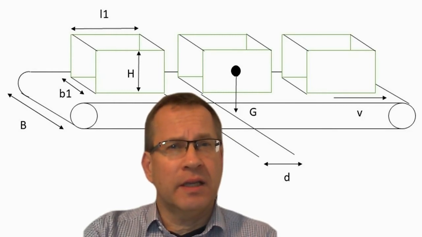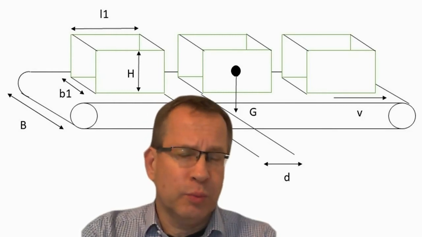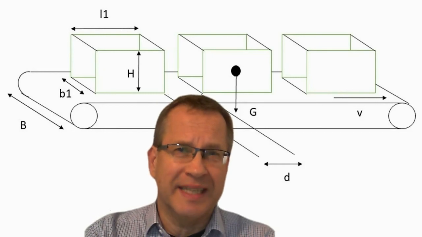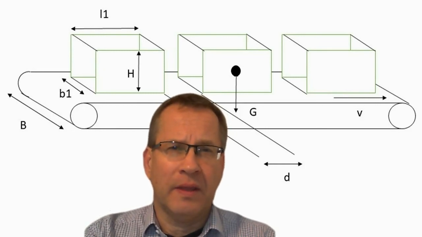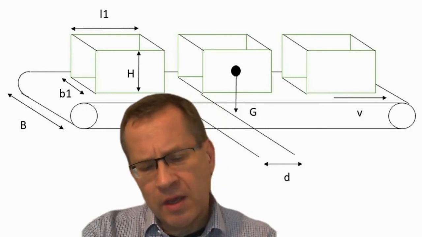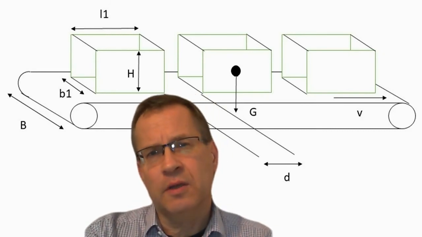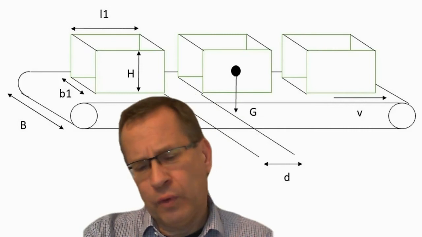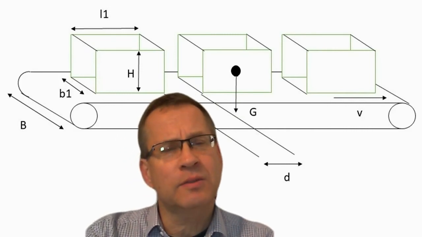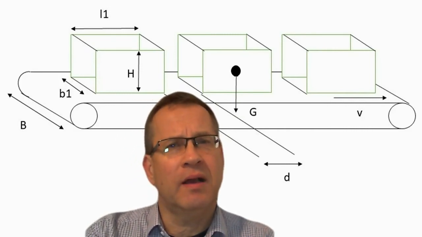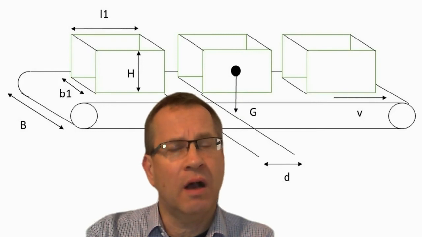And between two products, we have a distance D, and this is very important. Normally, in the production lines, we define a certain distance between two products. For logistical reasons, we need that product items are separated.